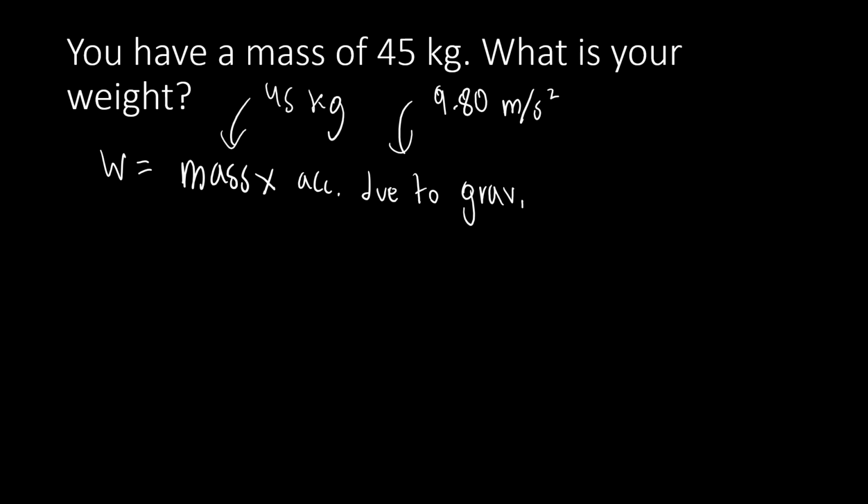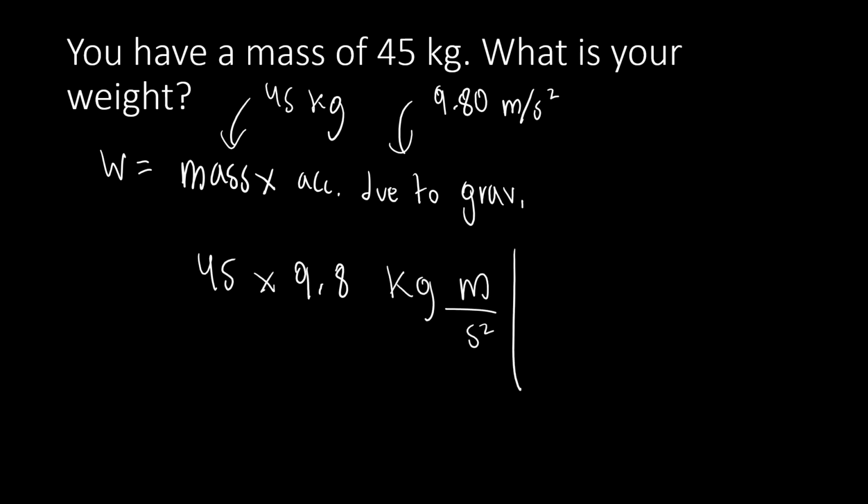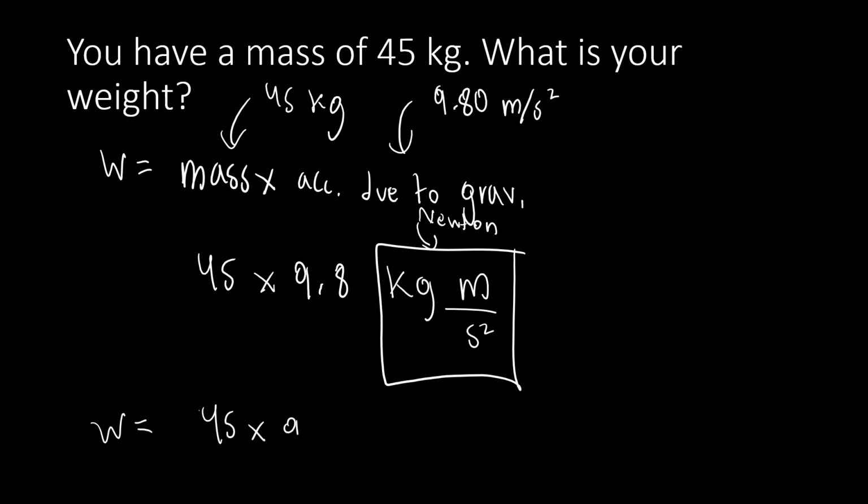So now all we have to do is multiply this out. We have 45 times 9.8 kg meters per second squared, and this unit is equal to 1 newton. So your weight is equal to 45 times 9.8 newtons.